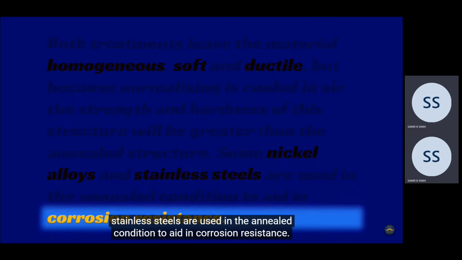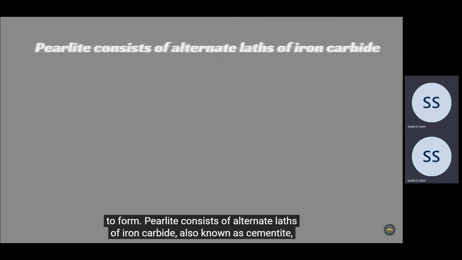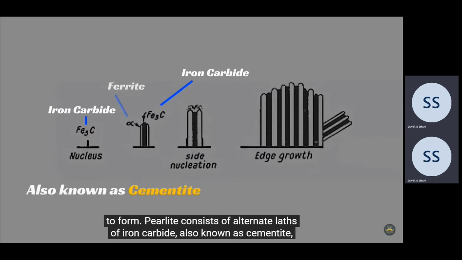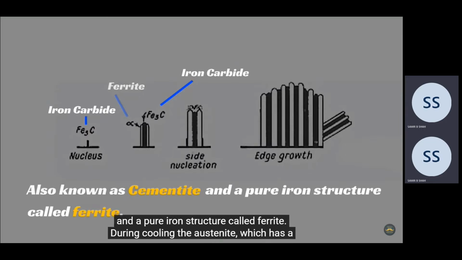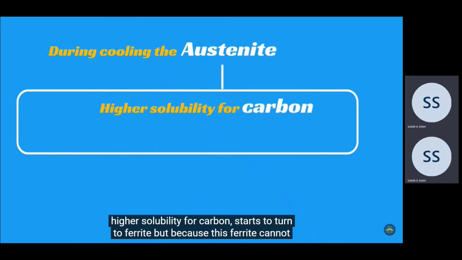Due to the slow cooling rates present in normalizing and annealing, a pearlite structure is likely to form. Pearlite consists of alternate layers of iron carbide, also known as cementite, and a pure iron structure called ferrite. During cooling, the austenite, which has higher solubility for carbon, starts to turn to ferrite.